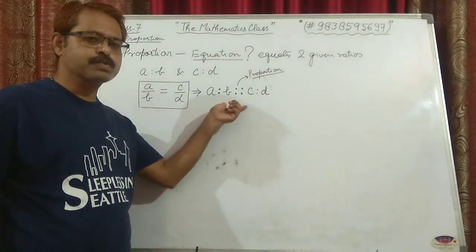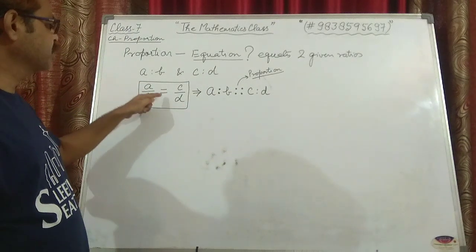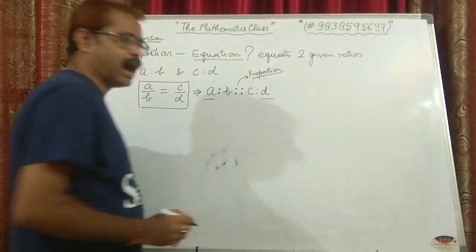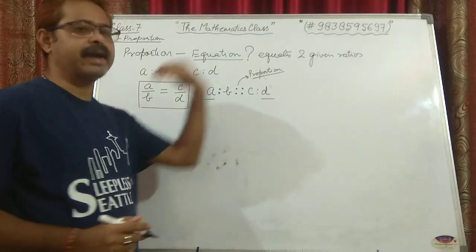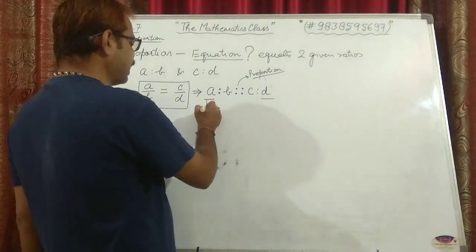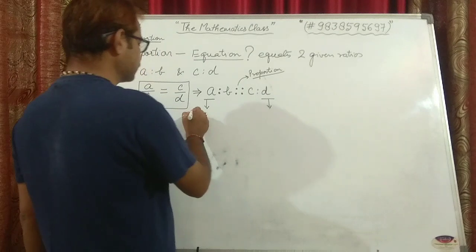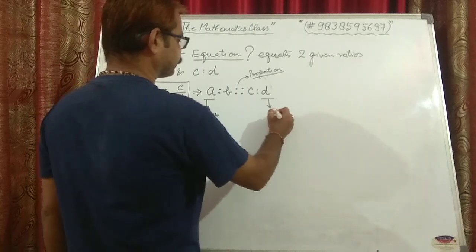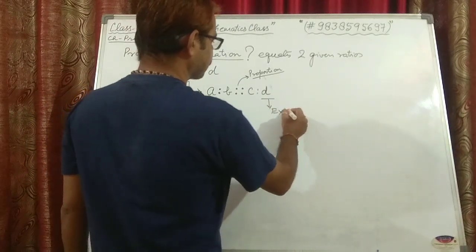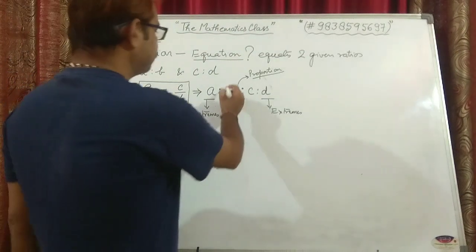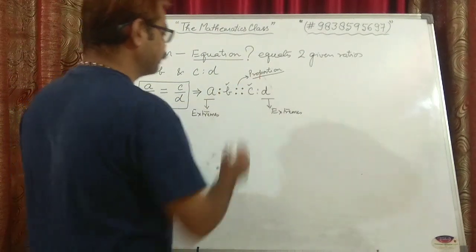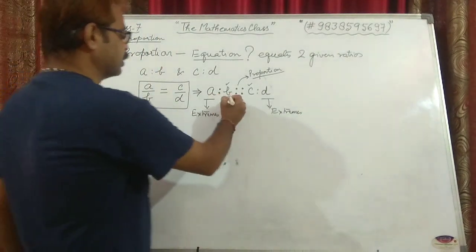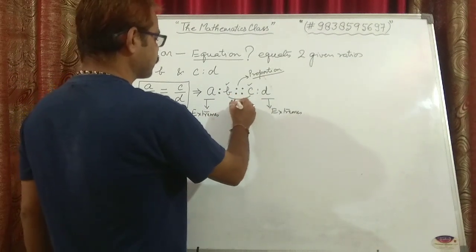And this means A upon B is equal to C upon D. Now look, A and D are at the extreme left and extreme right, so A and D are known as extremes. Whereas B and C are in between, so they are known as means.